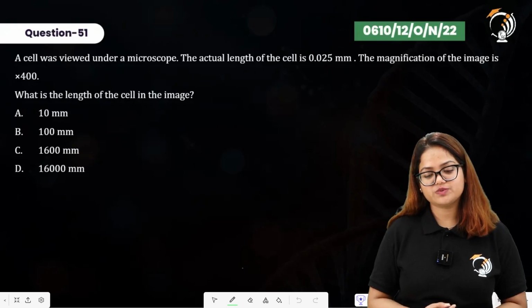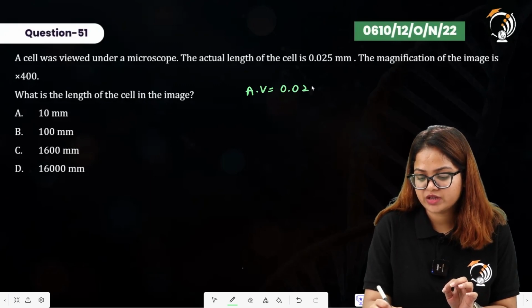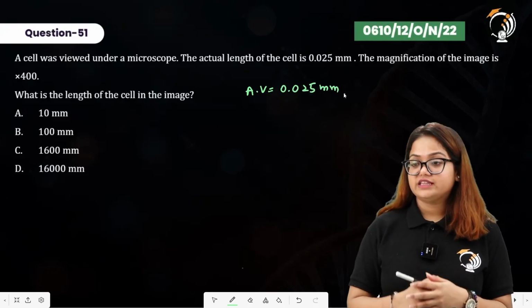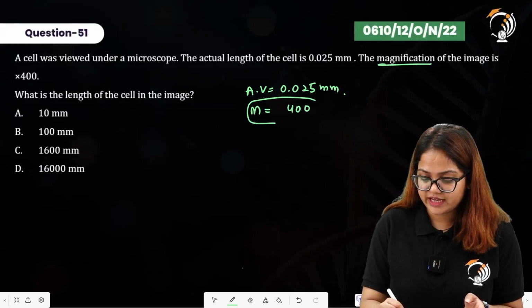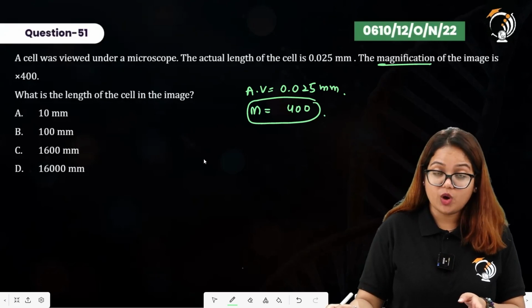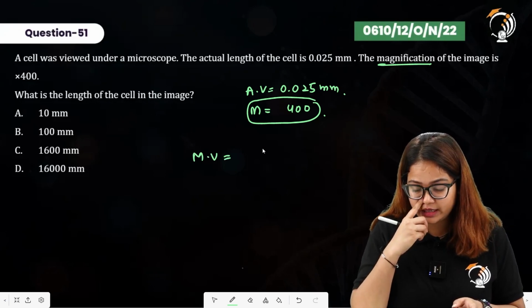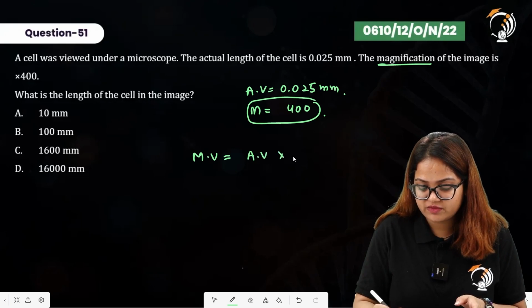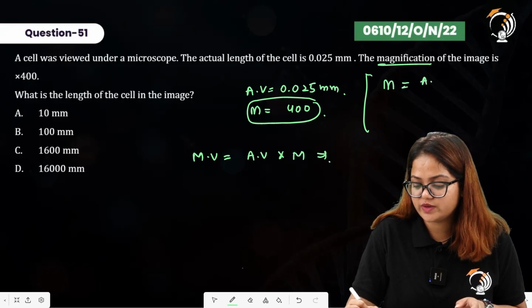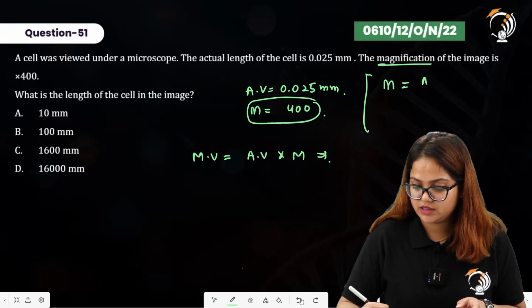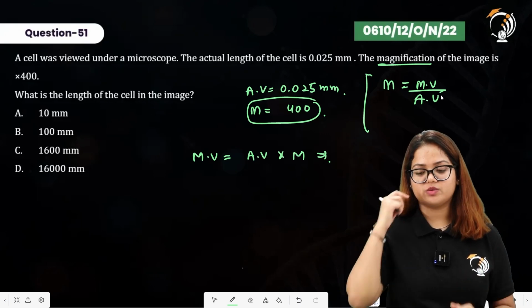Question 51 says a cell was viewed under a microscope. The actual length of the cell is 0.025 millimeter. Then the magnification of the image is 400 times. You have to calculate the length of the image here. So we are going to write the magnified value as actual value into magnification, since we have the formula magnification equals magnified value by actual value, so we can rearrange the formula accordingly.